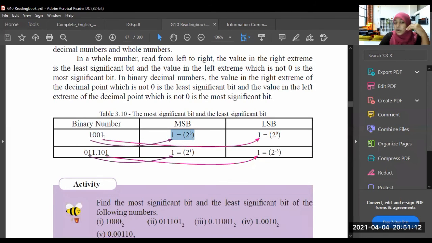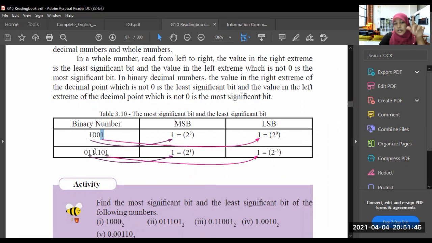So when you say 1, the listener or the reader doesn't know which one you are pointing to in this number. So you should tell the value. Understood? That means this one is 2 to the power 3. And the least significant bit is this one. It is 2 to the power 0. Got it?